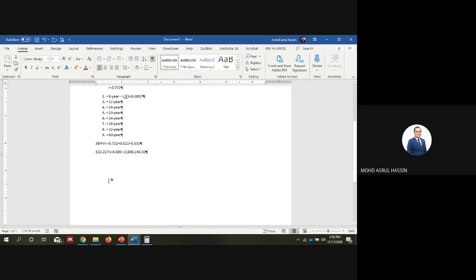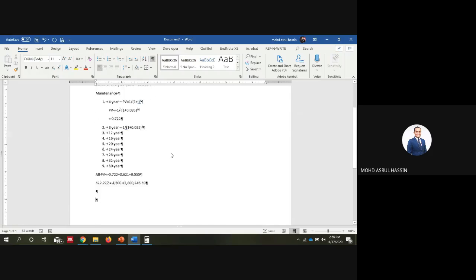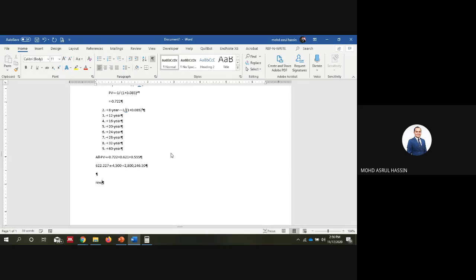Okay, for the renewable energy, renewal every 20 years. So mean we start with 20 years. Okay, and then 40 years, and then 60 years.